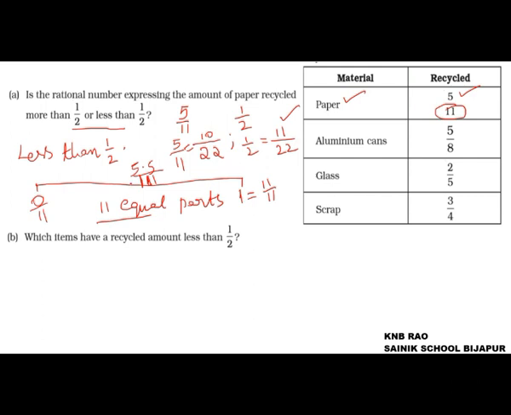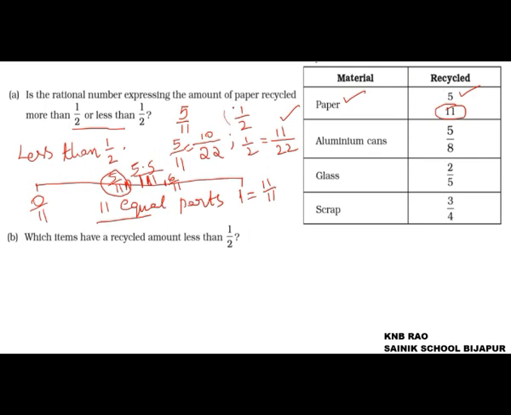That means it lies between 5 by 11 and 6 by 11. That means certainly 5 by 11 is less than 5.5 by 11, which is actually half.